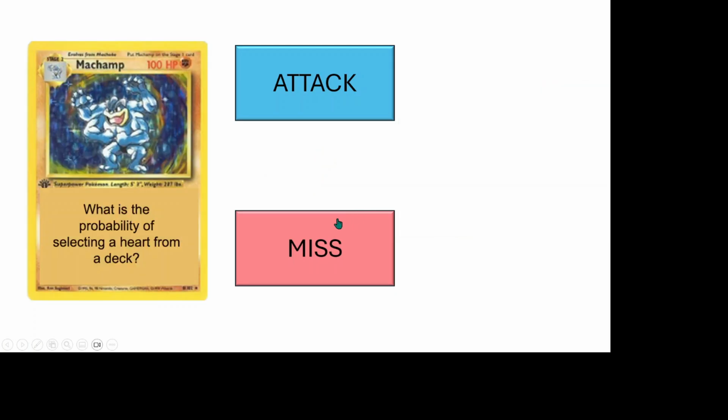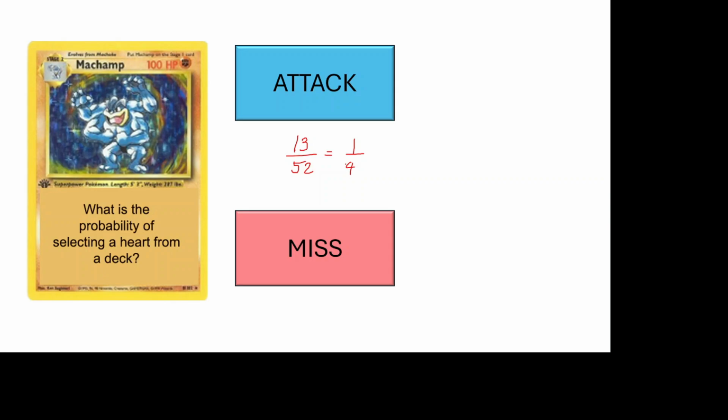Next, what is the probability of selecting a heart from a deck? So there are 13 heart cards in a deck. So if we just put that in fraction form, 13 out of the 52 cards in the standard deck will give us 1/4 when simplified.